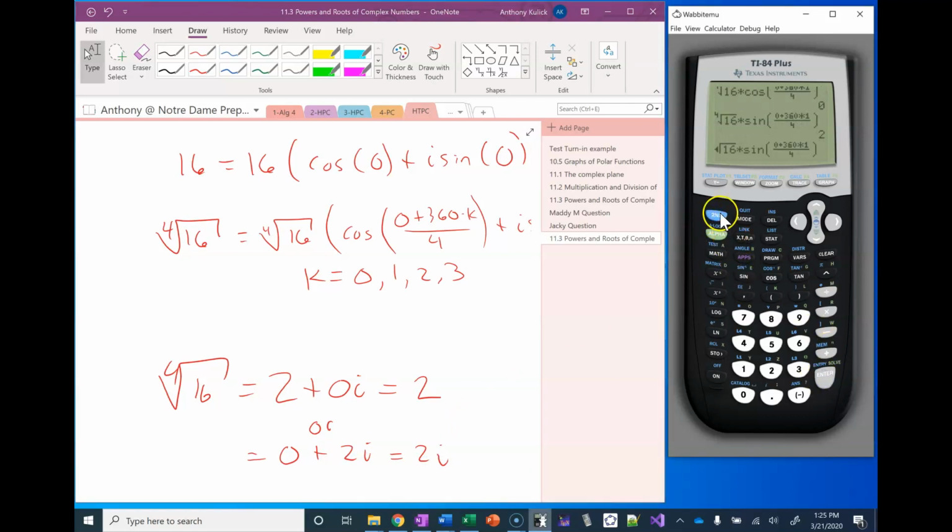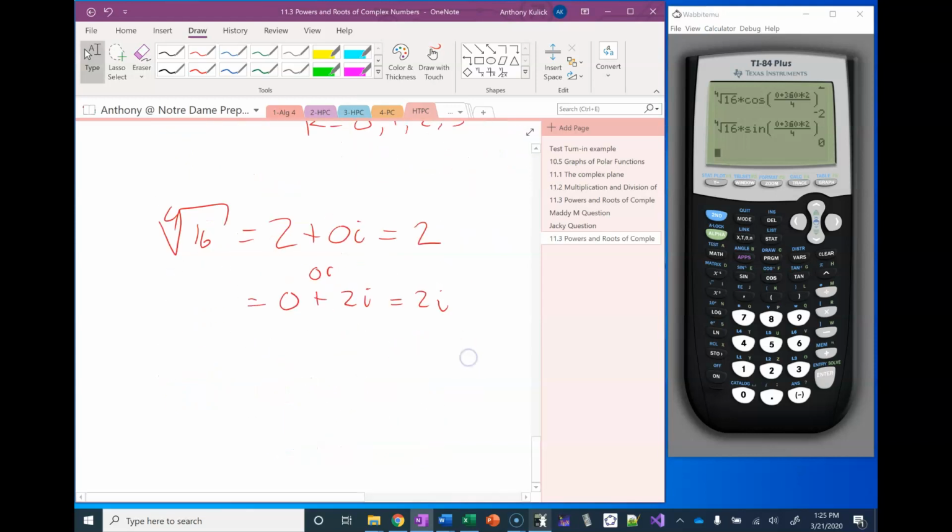And press second and enter twice to get the cosine back up, and then we'll edit that 1 and change it to a 2. It gives me a -2. And when I change that cosine to a sine, I get 0. So I have -2 plus 0i. Well, that's just -2.